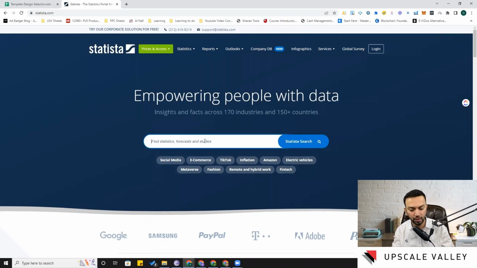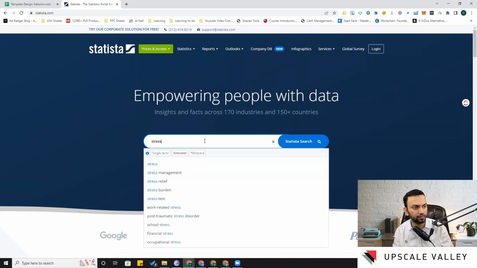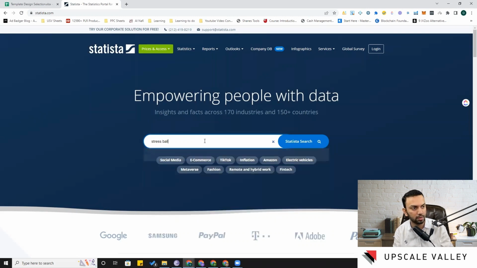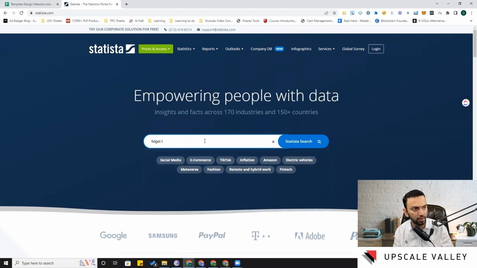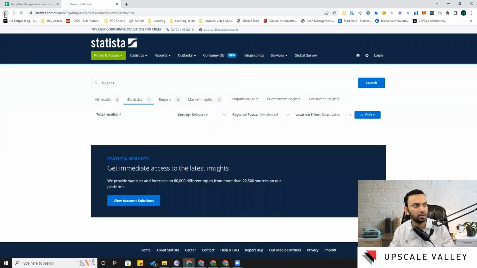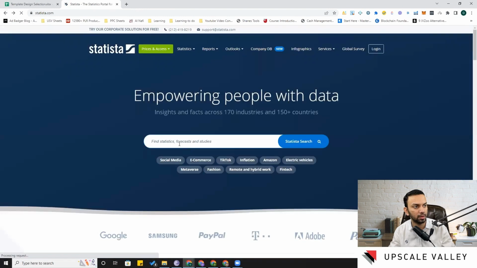For example, if I try to play around with the keywords and I type stress, there is nothing related to stress toys or balls here. Stress balls, okay, nothing there. Stress toys, nothing there. Okay, fidget toys maybe, fidget spinner. If I come to toys, no, we are not looking for fidget spinner particularly.